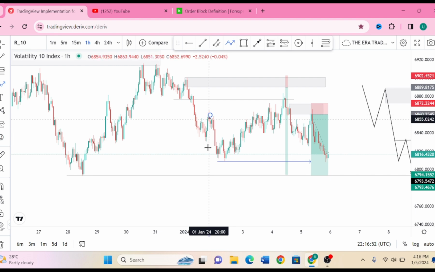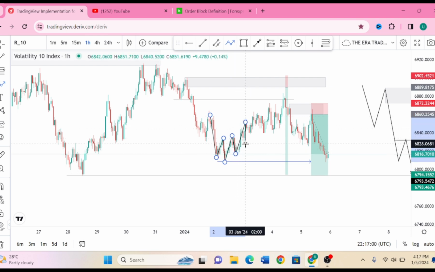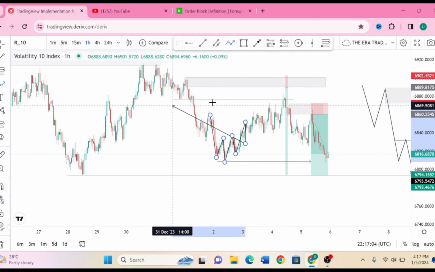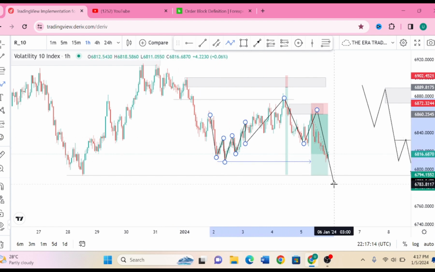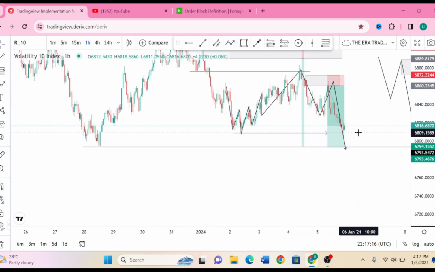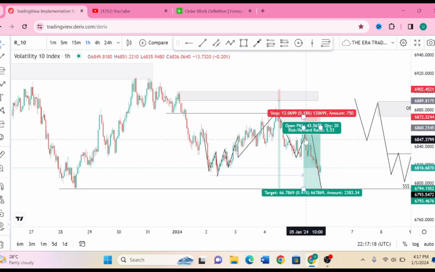We saw that pattern here, at the break of the neckline, it came back there, tapped in, went up. Coming into this breaker block, price gave us a change of character, and because of this liquidity level, we knew that price would definitely go down.